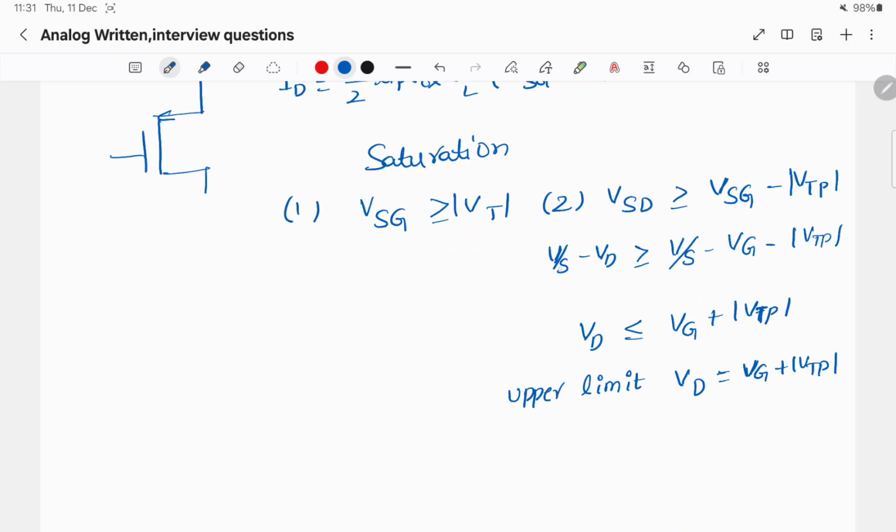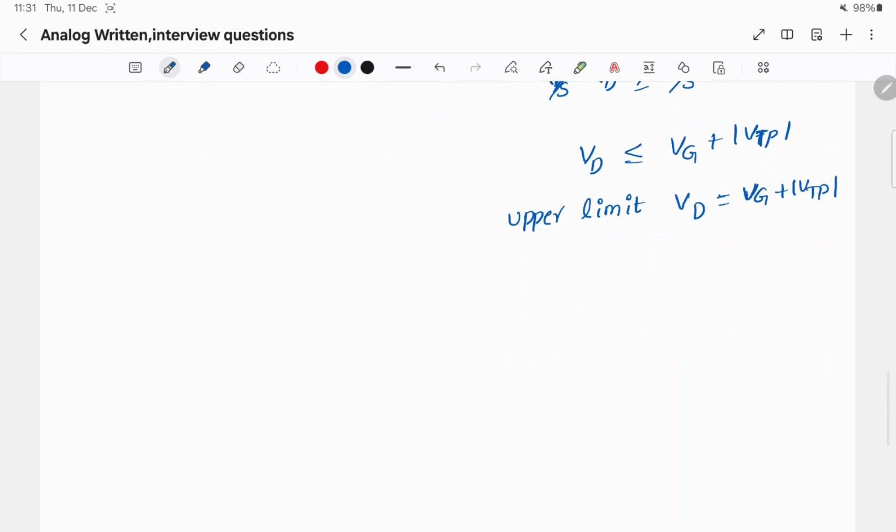VSD can be written as VS minus VD and VSG can be written as VS minus VG. VS cancels out, so this comes out to be VD less than or equal to VG plus mod VTP. So here the upper limit is VD equals VG plus mod VT.